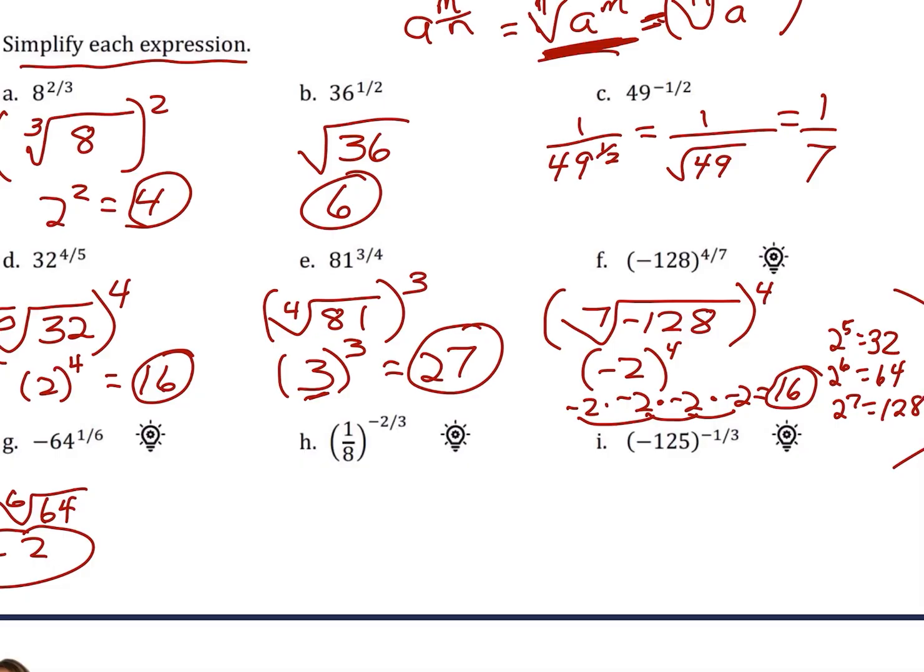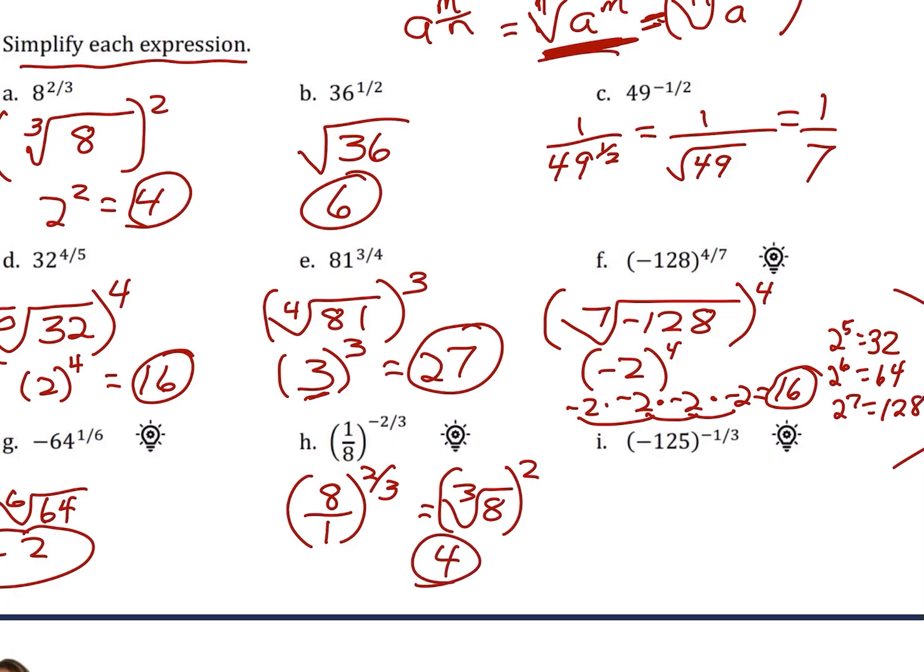But what I really want you to see is that 1/8 to the -2/3 is exactly the same as the reciprocal of 1/8, which is 8/1, or just 8, to the positive 2/3. So basically, I put the 8 on the other side of the fraction line, the 1 on the other side of the fraction line, and I made the exponent a positive. So now it's not such a bad problem because it's the 3rd root of 8 squared. And the 3rd root of 8 is 2. 2 squared is 4. Great.